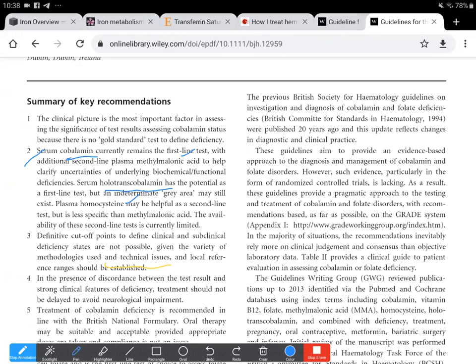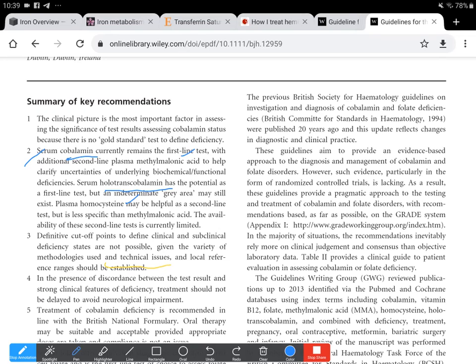So a deficiency of cobalamin can actually raise levels of methyl malonic acid and homocysteine, because these are the substrates on which the enzymes act. So the levels would be raised in cases of deficiency.